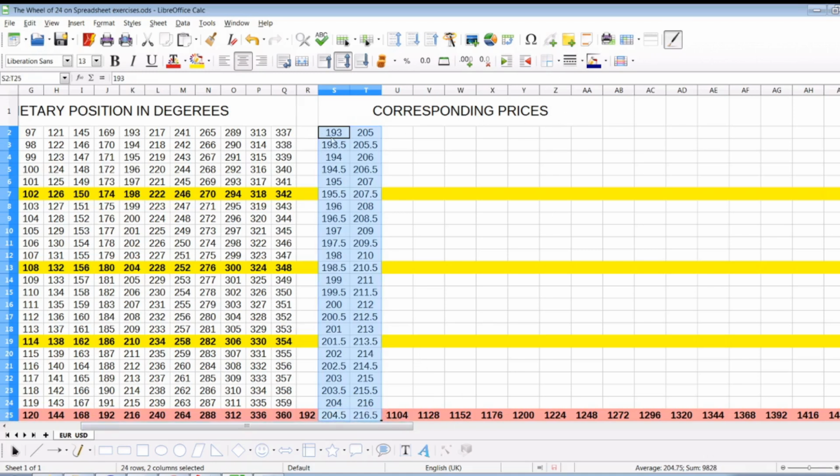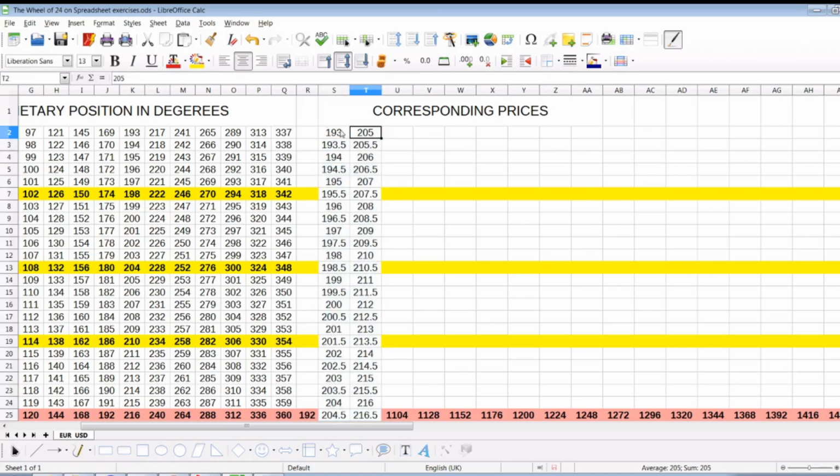As you see, the difference between them: 193 plus 24 divided by 2, it means plus 12, because we got 24 in a column, but half each, so the difference should be 12 between each column. The difference is 12.